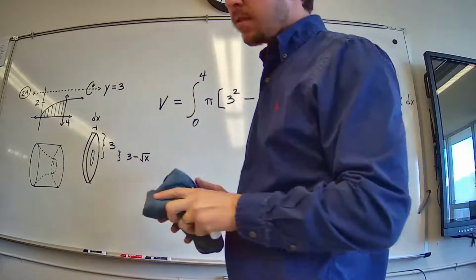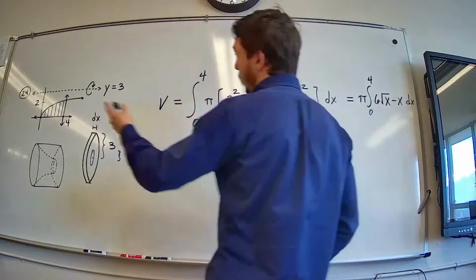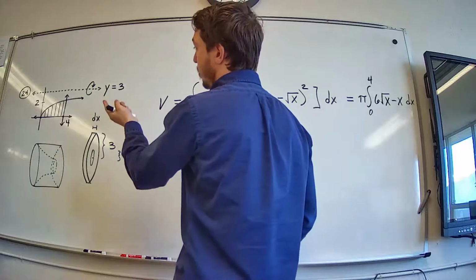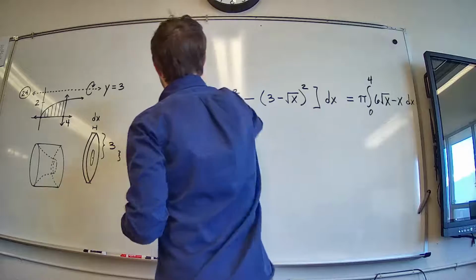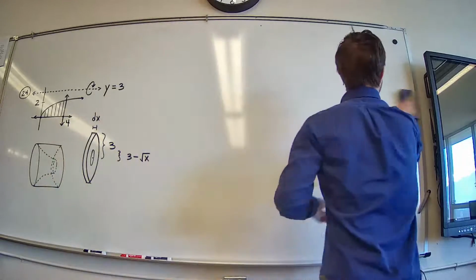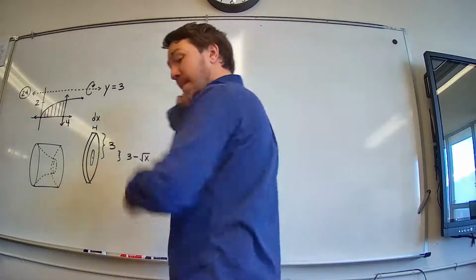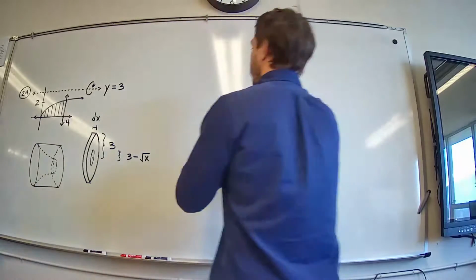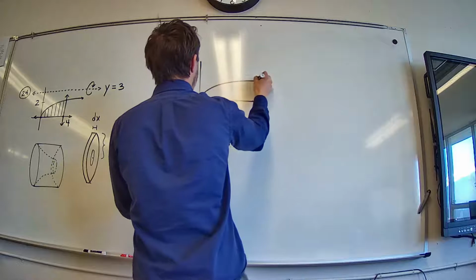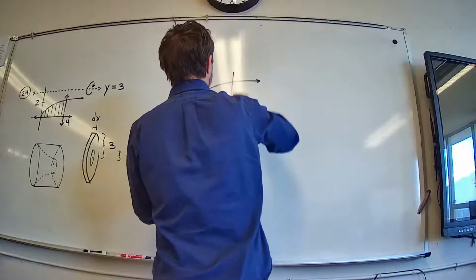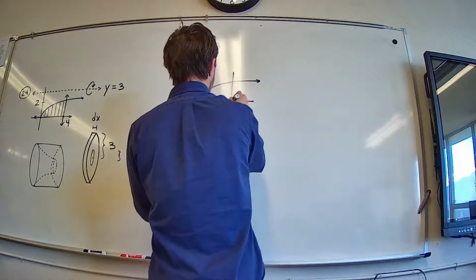So part B asks, can we revolve this around the line x equals 6? Okay. I'll leave that on the board. I think we have enough room to do it. Same drawing, but this time we're going to slice it. So here's 4.